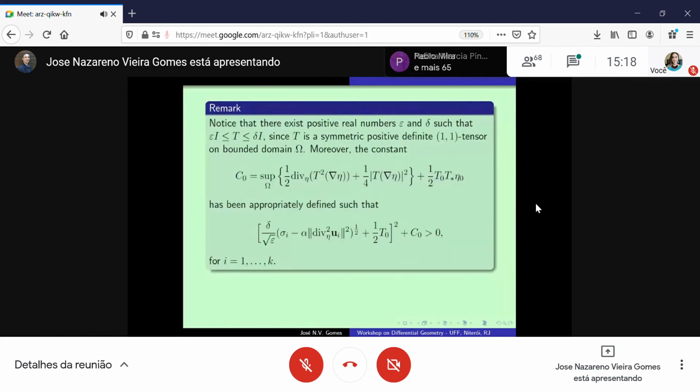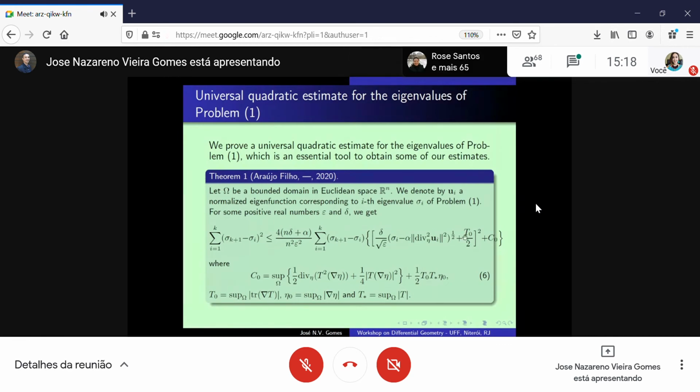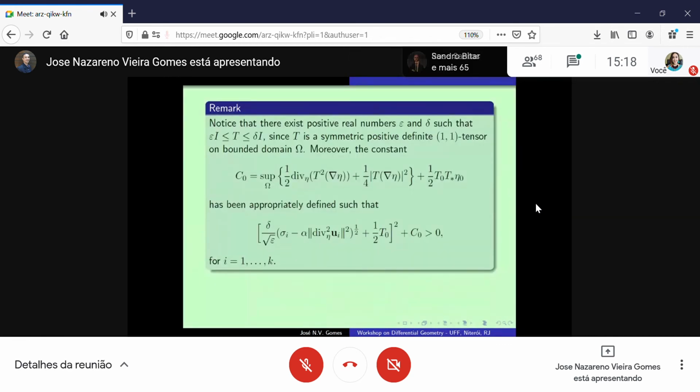Indeed, this part has been appropriately defined in our computation such that this one is positive. It's this one. Okay? Good.